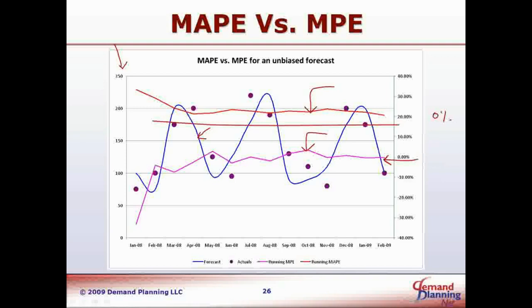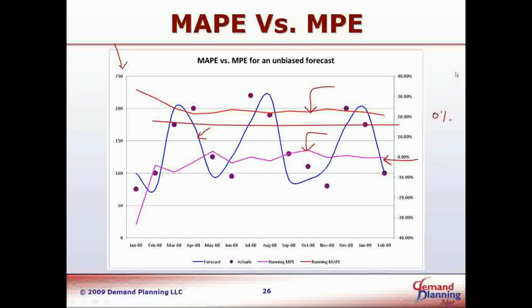But your MPE is actually, because the running MAPE should always be positive, the MPE number is pretty close to 0, which means MPE close to 0%. Above and below 0% means it's not a biased forecast.